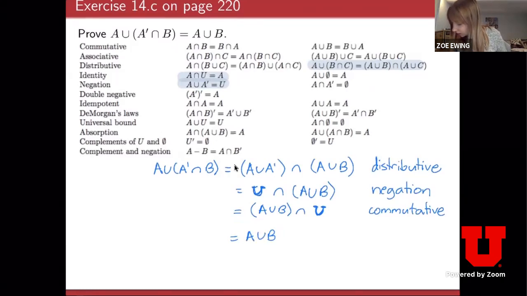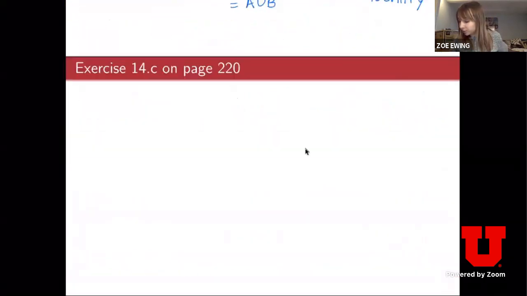And we got this from the identity. And now we've finished the proof. Are there any questions on that one? It's really similar to the ones that we did with propositional logic. All right, we'll keep going.